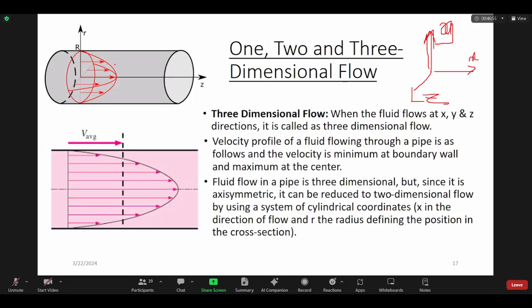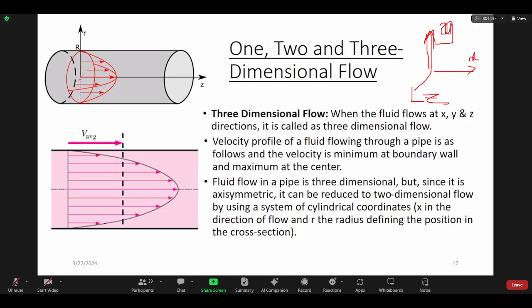Fluid flow in a pipe is three-dimensional, but since it is axisymmetric, meaning symmetric about the axis, it can be reduced to two-dimensional flow by using a system of cylindrical coordinates. x is in the direction of flow and r, the radius, defines the position in the cross-sectional area.